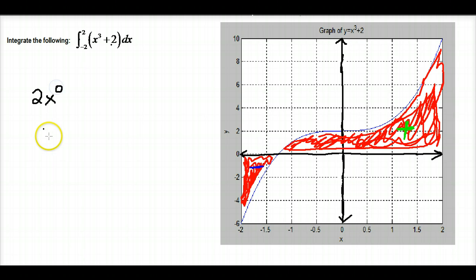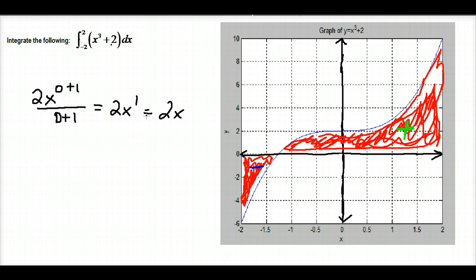And we can look at 1 as x to the power of 0. Now, if we were to use the power function method for doing the integral, then we would have to say plus 1 here over 0 plus 1 there.